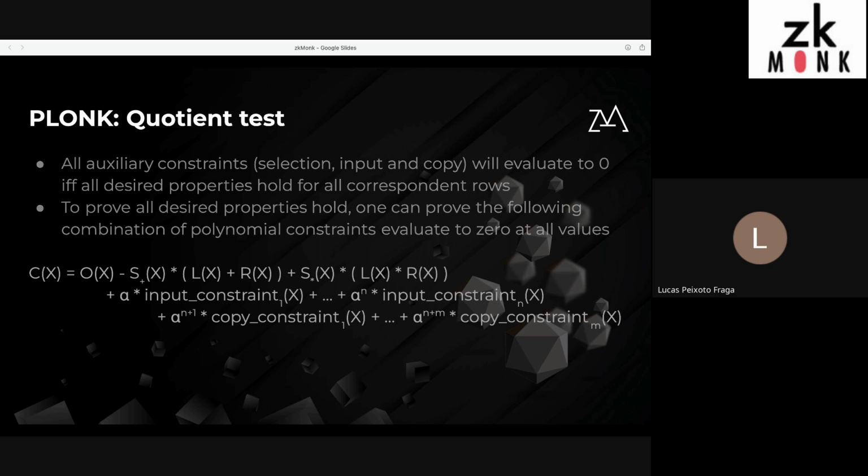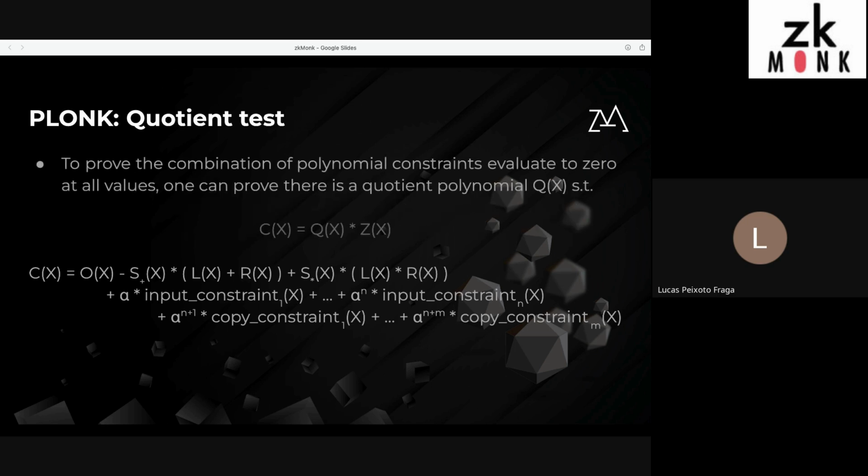And now to prove the combination polynomial evaluates to 0 at all values, we should give to the verifier a quotient polynomial Q such that this equation holds. What does this equation say to us?